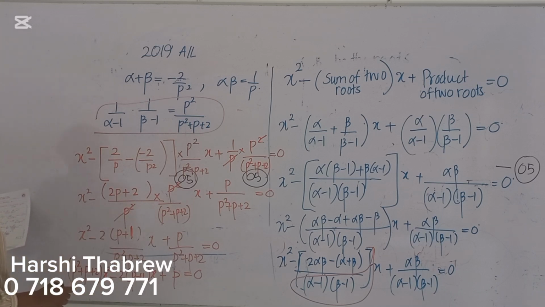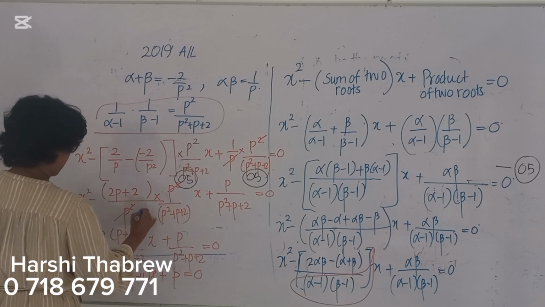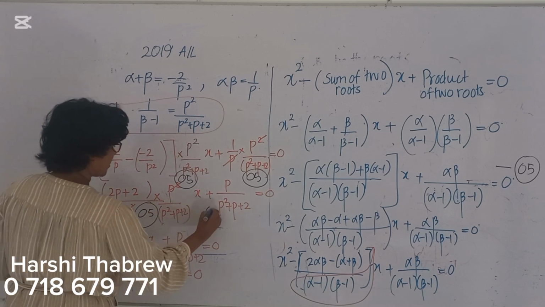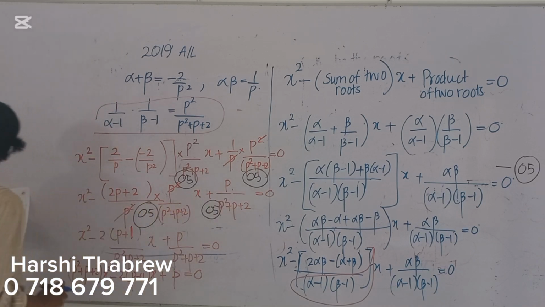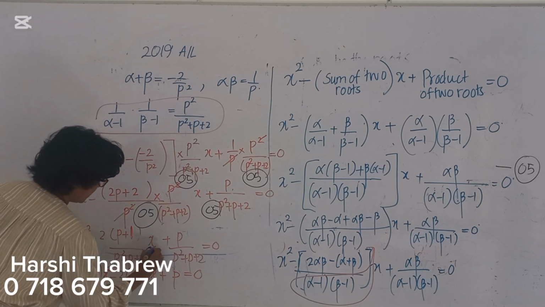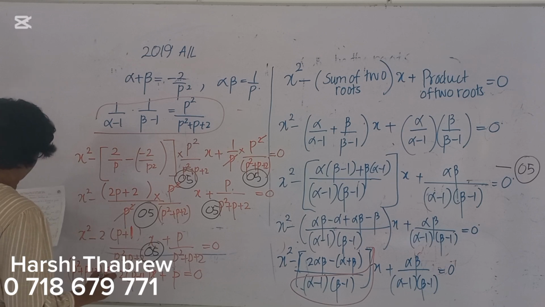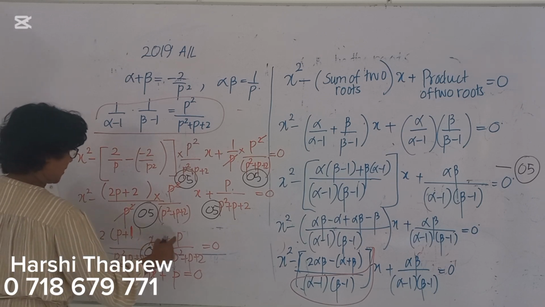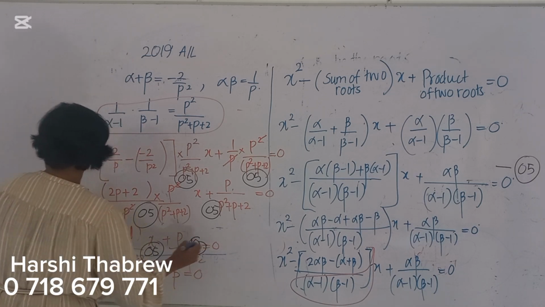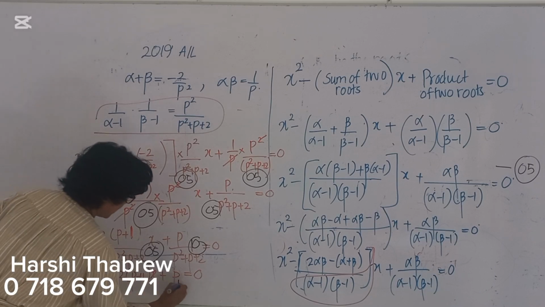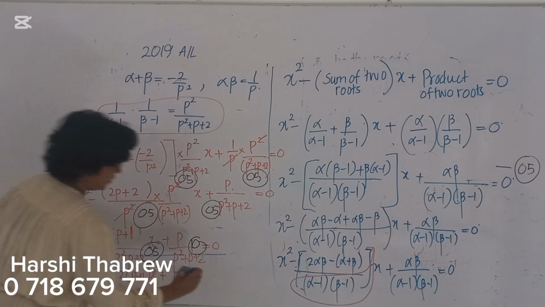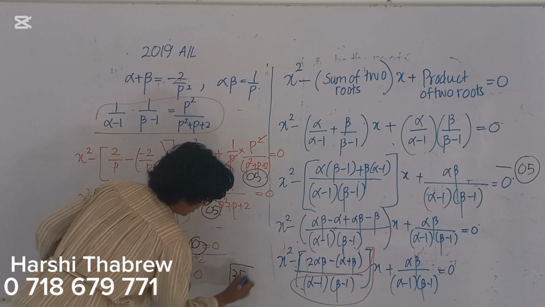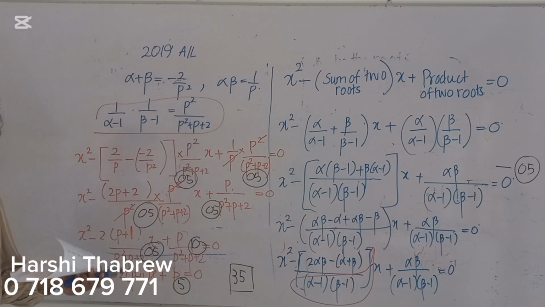For the simplification they have given 5 marks each for these two. Then for factorizing and all these, they have given 5. For this part they have given 10. For the final answer they have given 5. Altogether 35 marks have been allocated for this part.